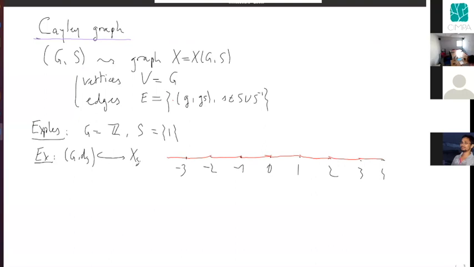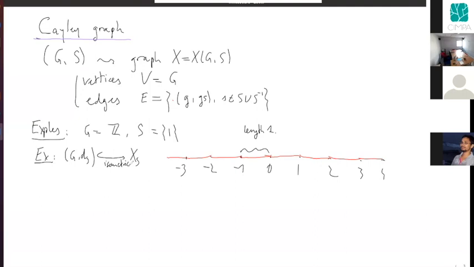So here what I say is that each edge I give length 1. So it is distance preserving. Okay?